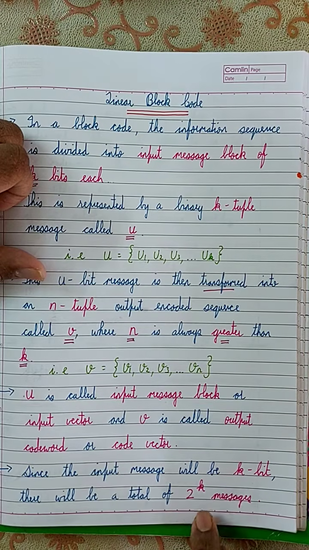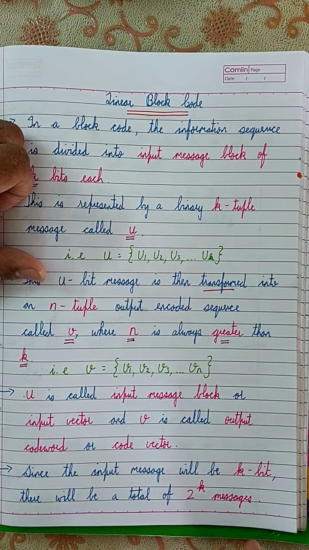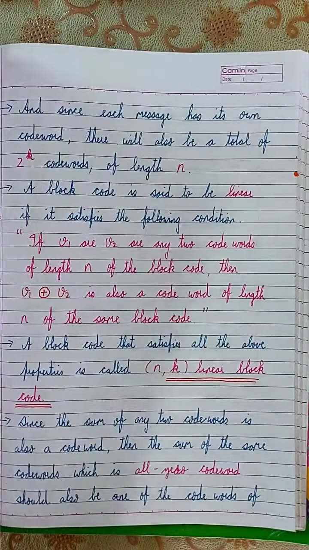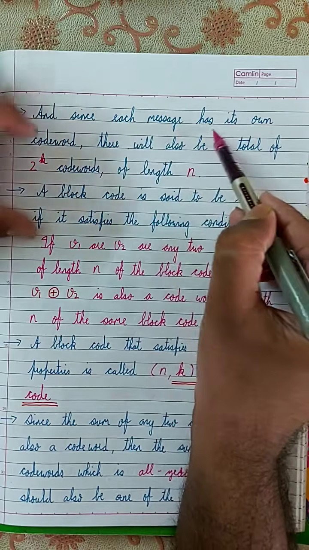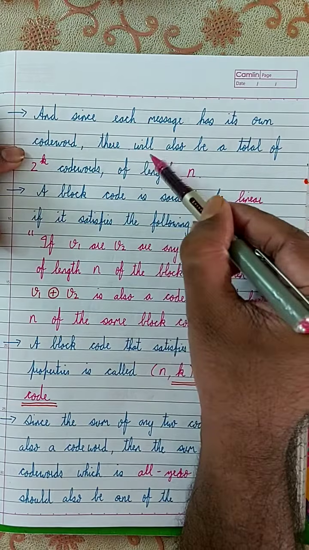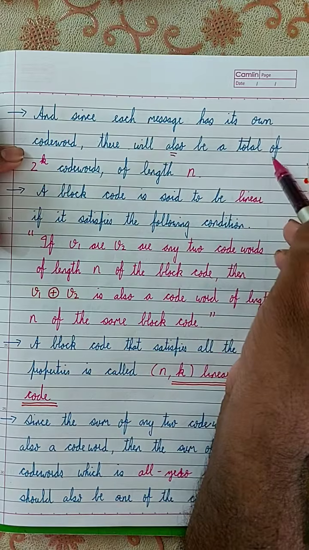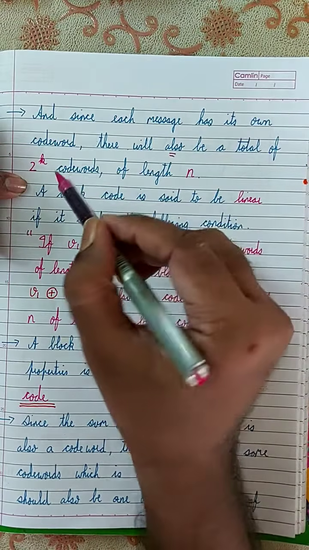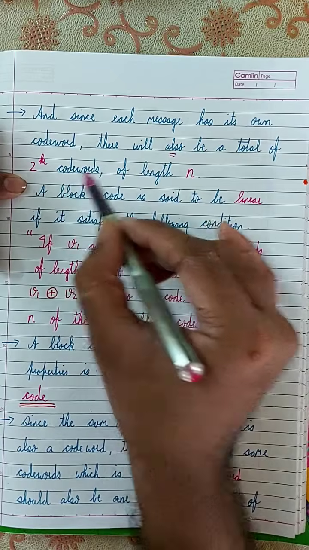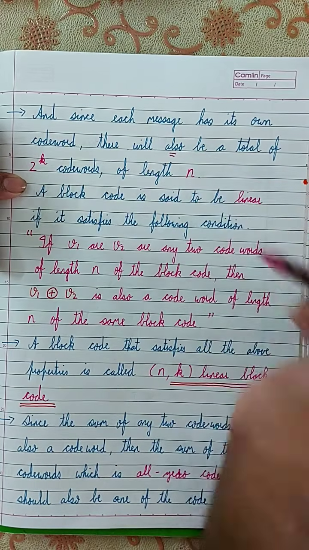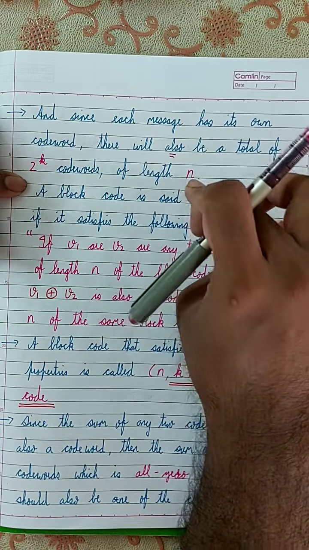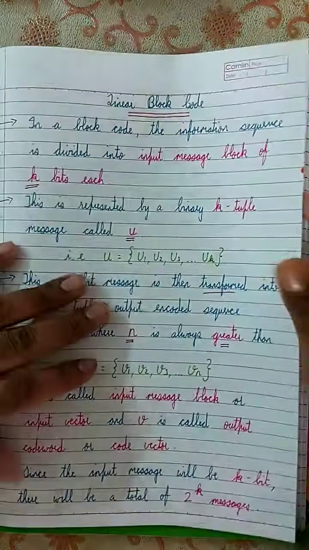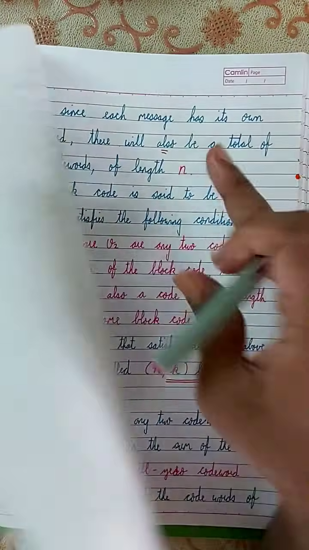And if each of these messages is converted to its corresponding code word, then there will also be a total of 2 raised to k code words, and each of these 2 raised to k code words has length n bits. This is what you call a block code.